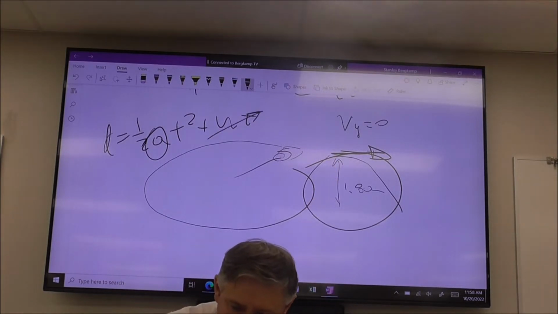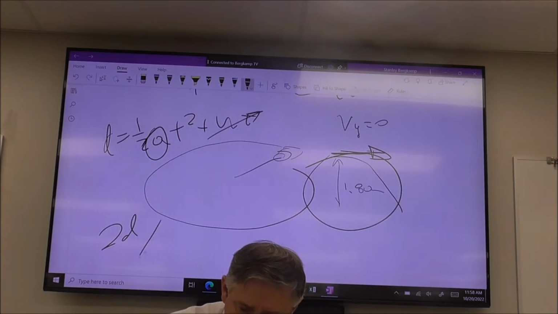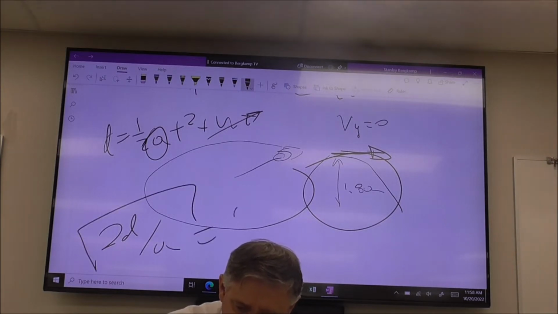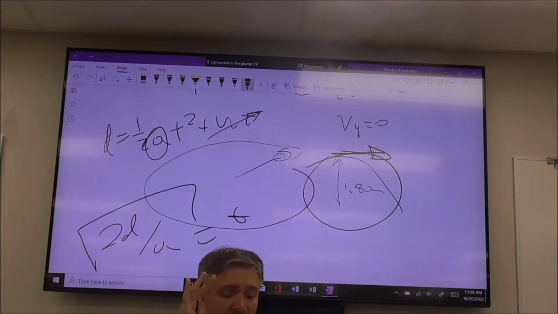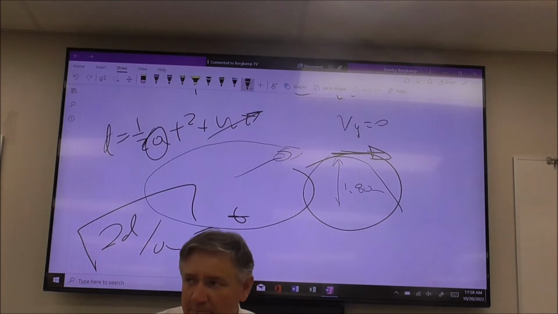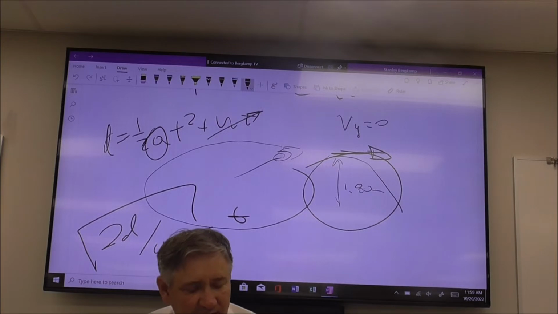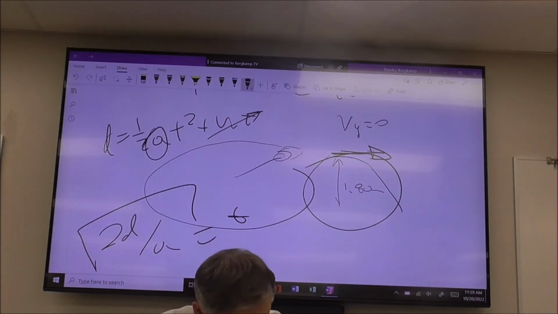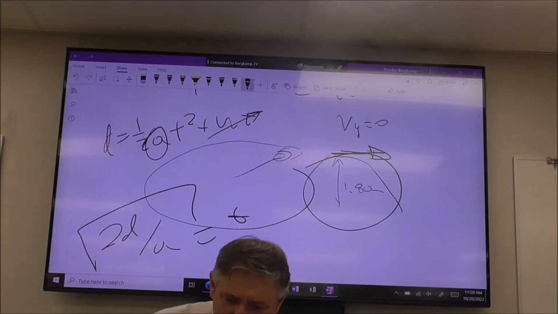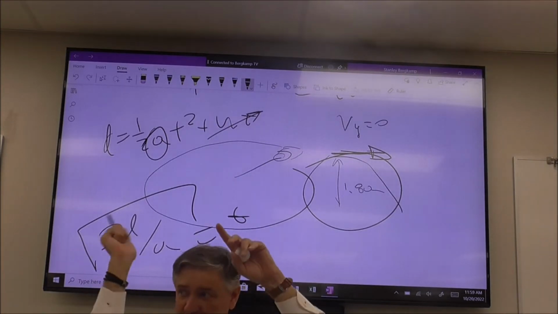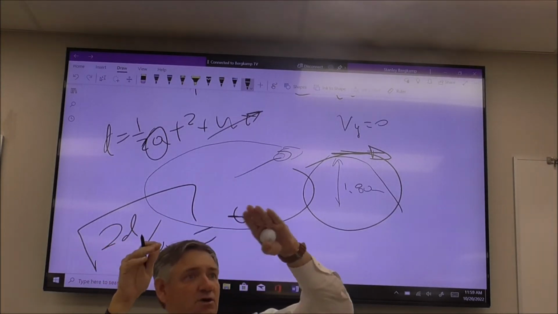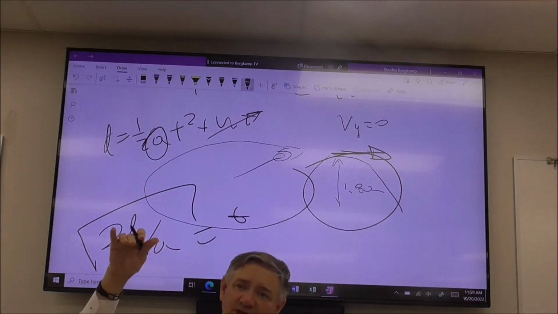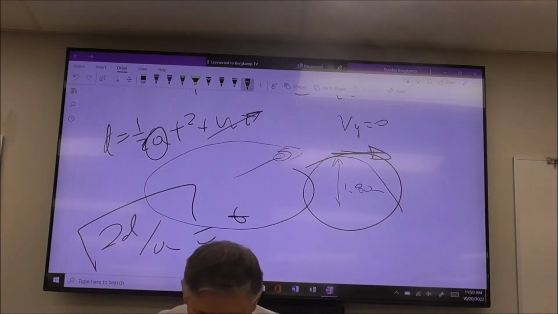So that part goes away, 2d over a, the square root of that, boom, there's my time, okay? So your time should be about 0.6 seconds, roughly. Now, you know it's going to travel 4.4 meters. So imagine that I'm here, I'm swinging this thing around, I let go of it, we measure it, it lands 4.4 meters away.